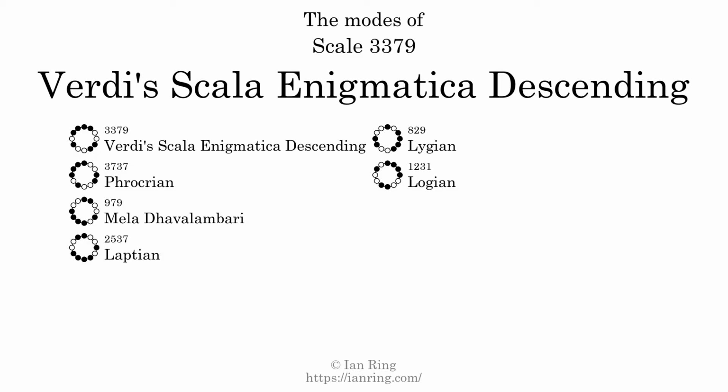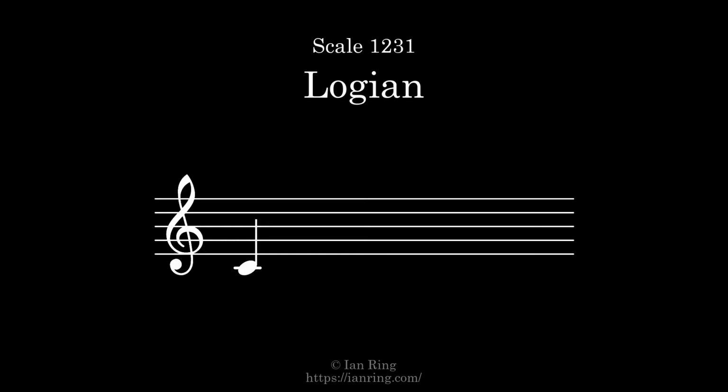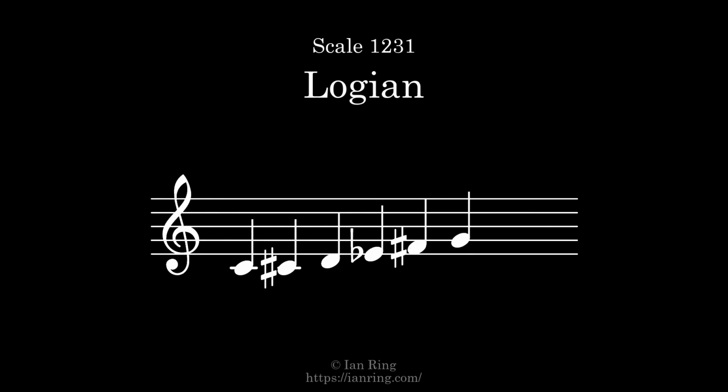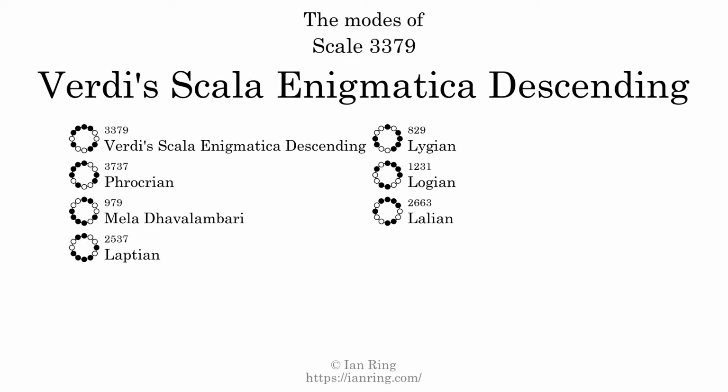The sixth mode is scale 1231, also known as Logian. It sounds like this. The seventh and last mode is scale 2663, also known as Lalian. It sounds like this.